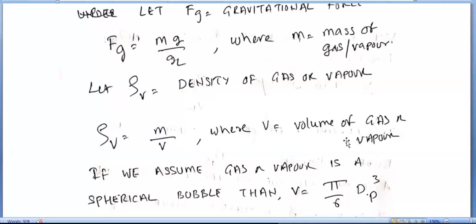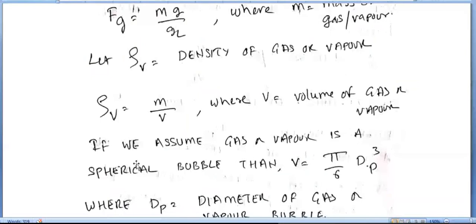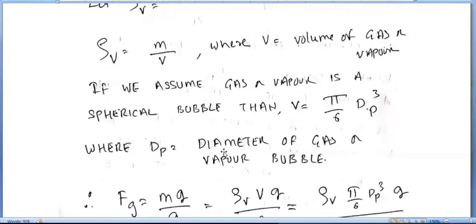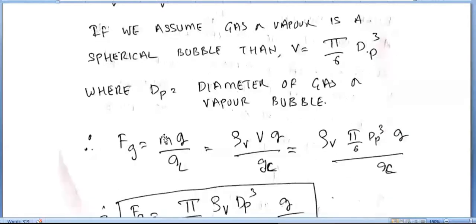Now we assume the gas or vapor is a spherical bubble. Then volume is pi by 6 dp raised to 3, where dp is the diameter of the gas bubble. Mass is density into volume, so the volume of the air bubble is given by this.